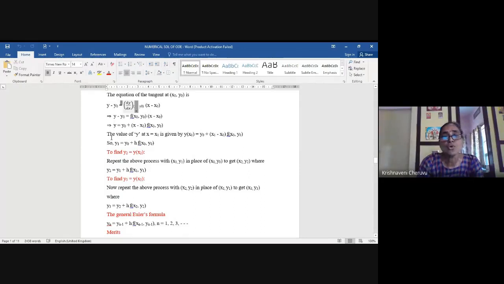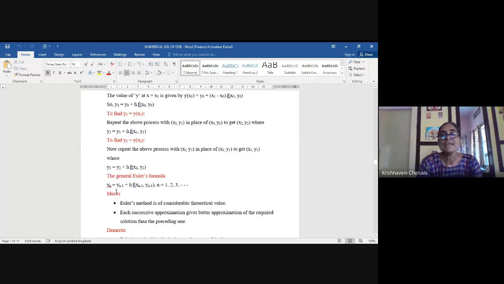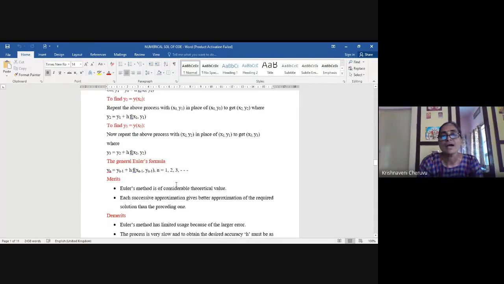See, in this way, if you go on finding y1, y2, y3, and so on, you will get the general Euler's formula: yn is yn minus 1 plus h f of xn minus 1, yn minus 1. Remember, girls, at each stage you are finding better approximations, y1, y2, y3, y4, and so on. As you go on, you'll get the best approximation.